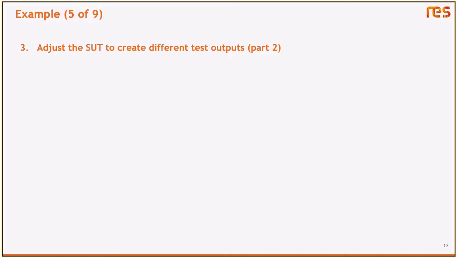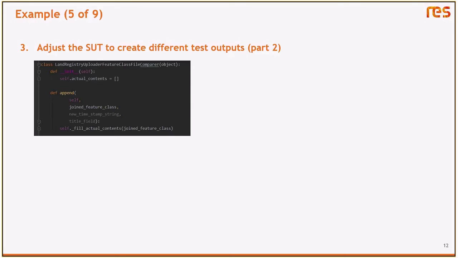So when we actually run the test, we want to save the feature class details in a different way. And to do this, we need to create a new class. Unfortunately, it's got this terrible name that everyone should identify as being a bad name that we should improve on.